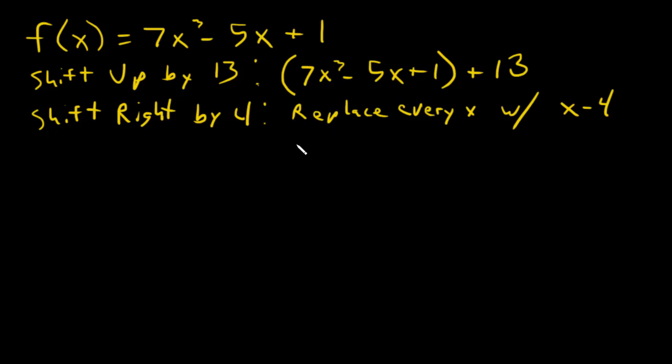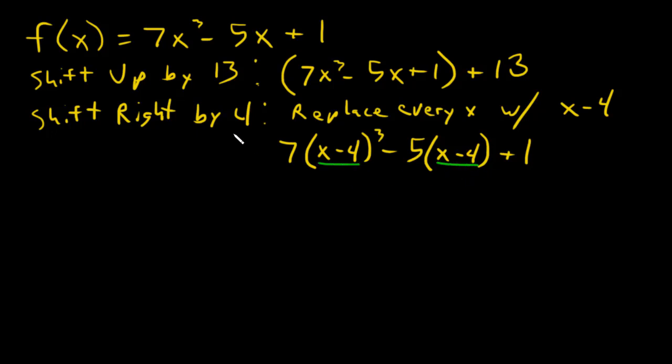So this function becomes 7 times x minus 4 quantity cubed minus 5 times x minus 4 plus 1. That would shift the original function right by 4 because now every single x has been replaced with x minus 4.